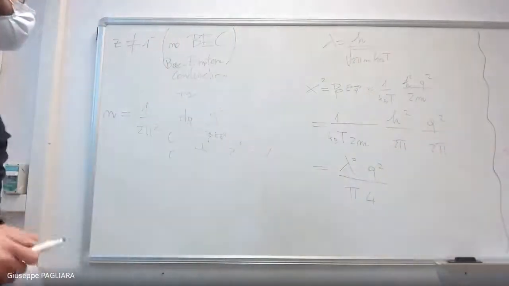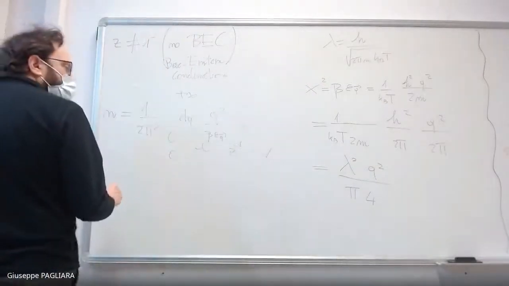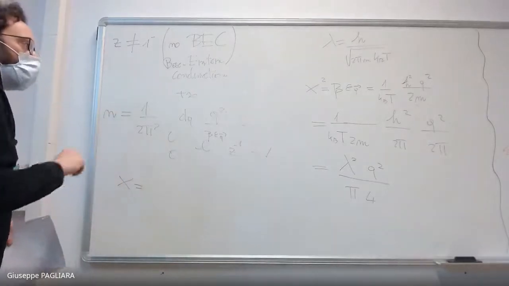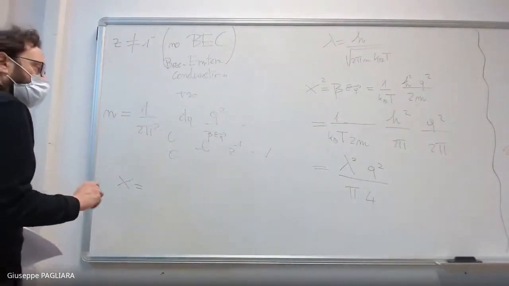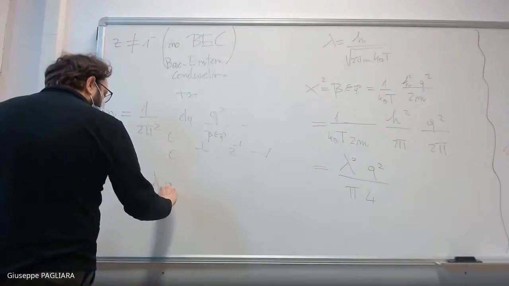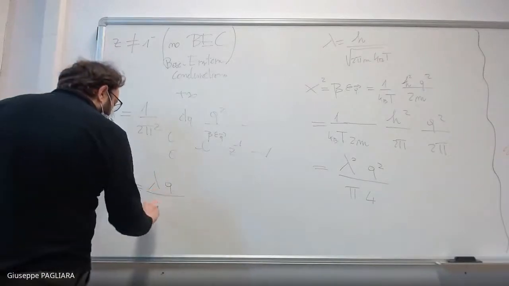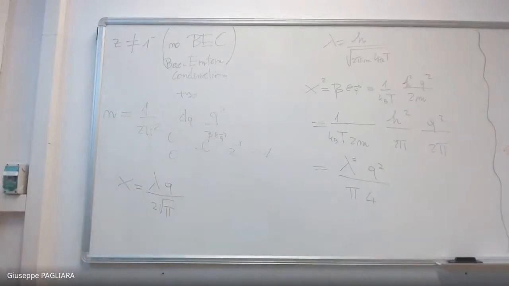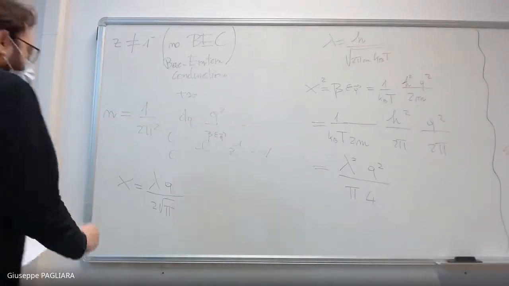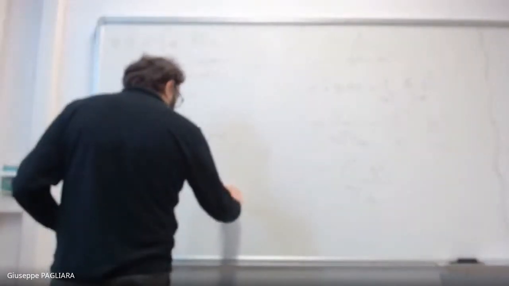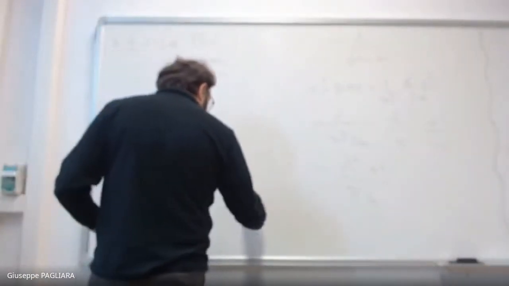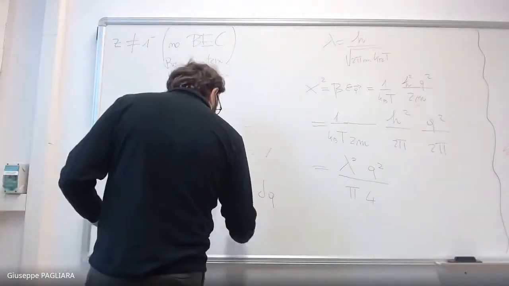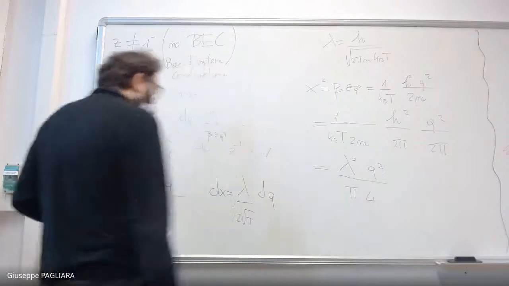Then from here, I see that x, doing the square root, is equal to lambda q divided by 2 square root of pi. From this, dx is equal to lambda dq divided by 2 square root of pi.